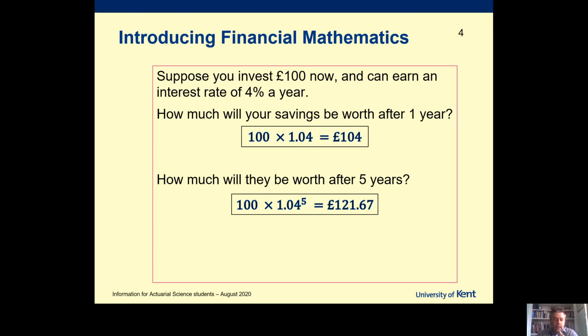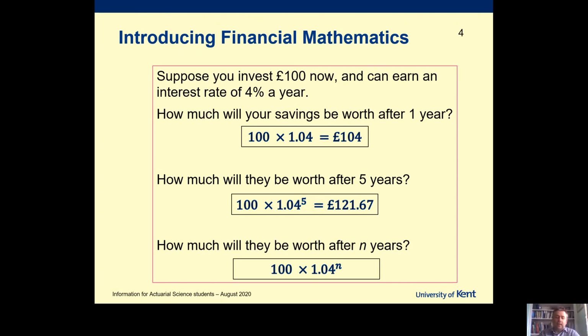Compounding, each year it grows by 4%, for 5 years. So after 5 years, we'll have £121.67. And more generally, we can do the same thing. After a number of n years, we'll have 100 times 1.04 to the power n. Okay, so make sure you're comfortable with that first step, and then we'll extend the ideas.